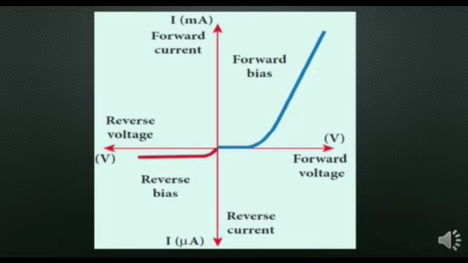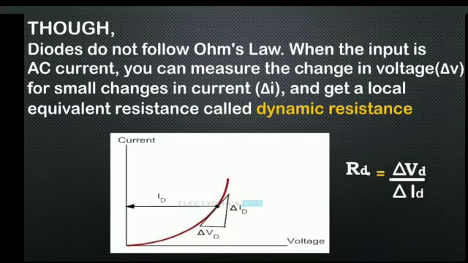That is, the current I rises abruptly when the voltage reaches a particular value. Also, from the characteristic graph, we can clearly infer that the current flow is not linear and it is exponential. Therefore, it does not obey Ohm's law and hence we can call it a non-ohmic material.